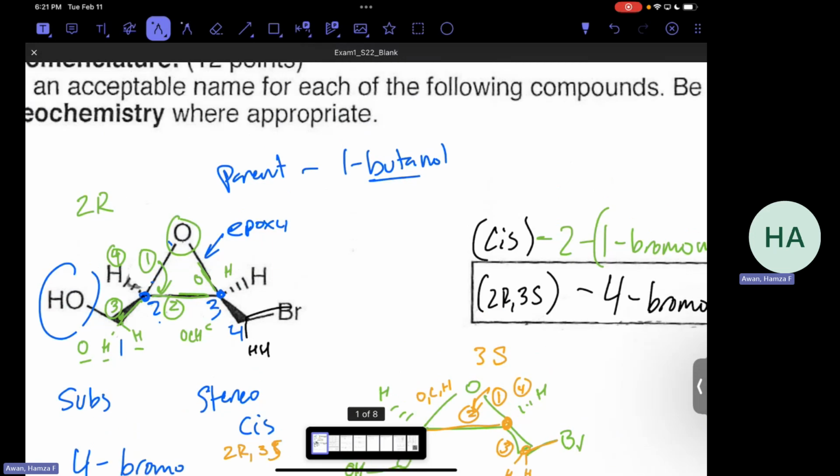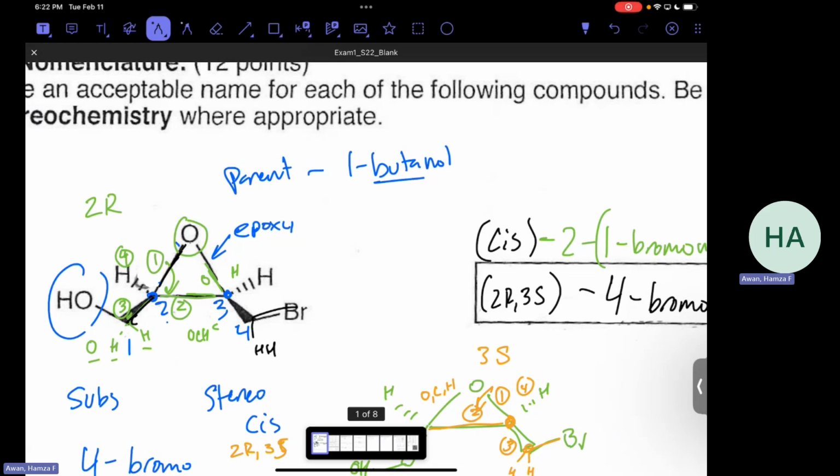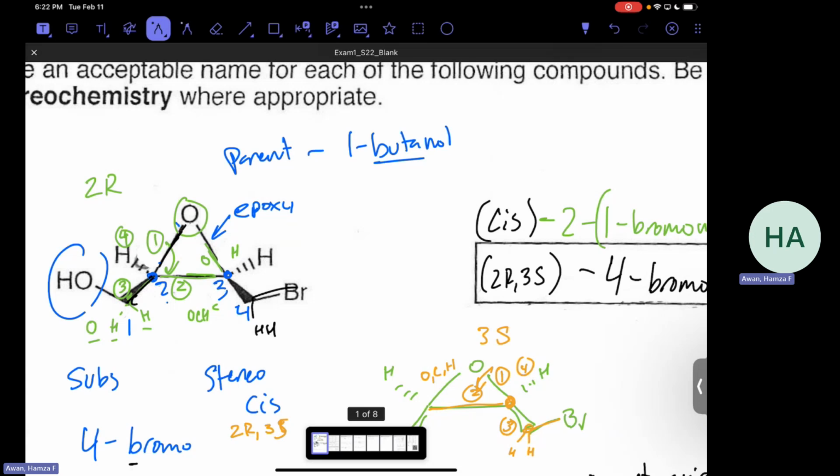If we went on this one, it would be connected to the oxygen, 2 hydrogens, but also to this oxygen and this carbon as well. So the one on the left side is actually a bigger group. I don't know how to really explain it. It's just kind of intuitive, I guess. Yeah, cis and trans is honestly easier in this case, for sure.